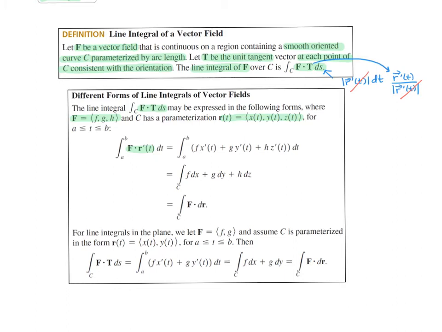If we did compute this dot product, remember the vector field F is the vector F, G, H, and we know r prime would be the derivative of x, the derivative of y, the derivative of z. If you did compute the dot product and expand out, you would get this representation of F times x prime plus G times y prime, and so on. And you can always just shorthand replace x prime of t with simply dx, y prime of t with dy, and z prime of t with dz to get this third form.